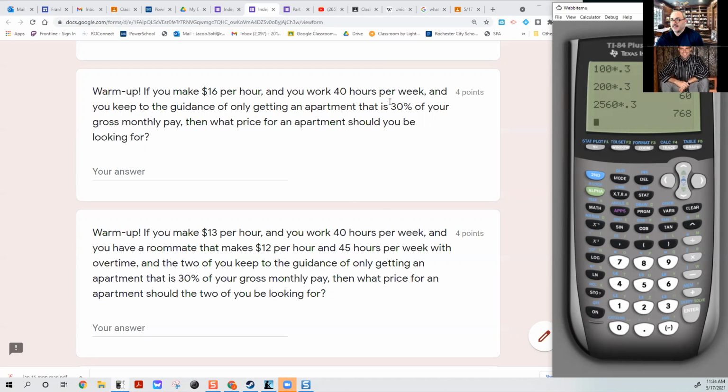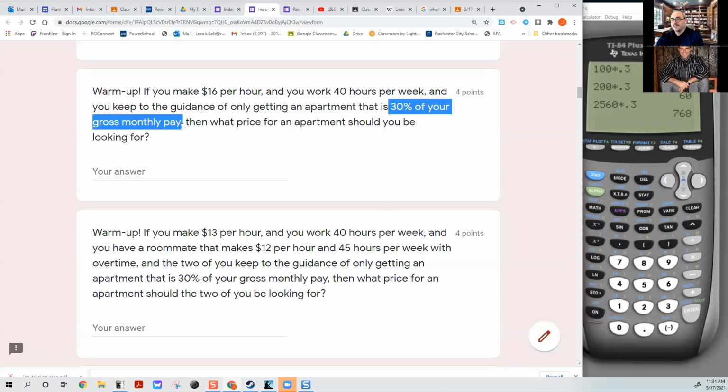So they're saying that our apartment should be no more than 30% of our income. Therefore, our apartment should be no more than $768 per month. If you were living on your own, no roommate, making $16 an hour and working 40 hours a week, you should be looking for apartments that are $768 a month.